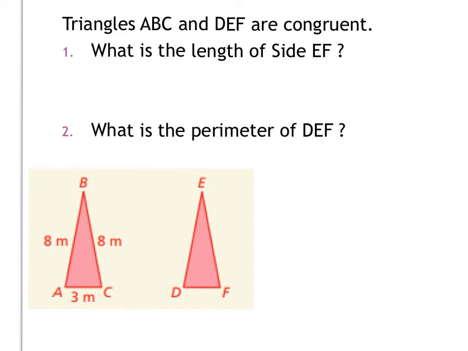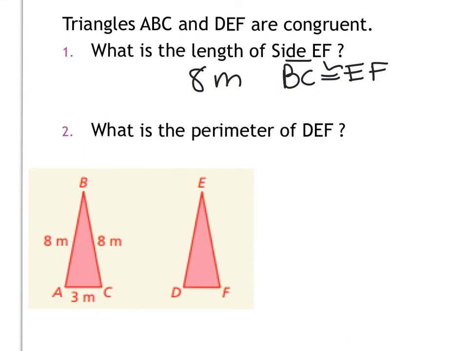Hopefully you were able to notice that before I said it. So if EF is corresponding and they are congruent, and BC is 8 meters, then EF must be 8 meters as well, because BC is congruent to EF.